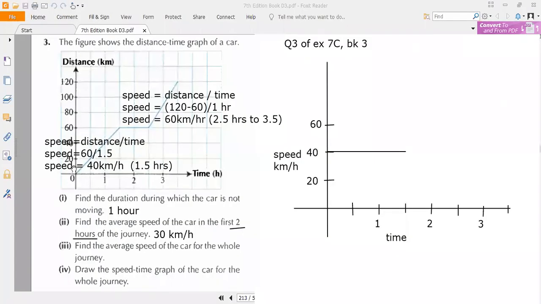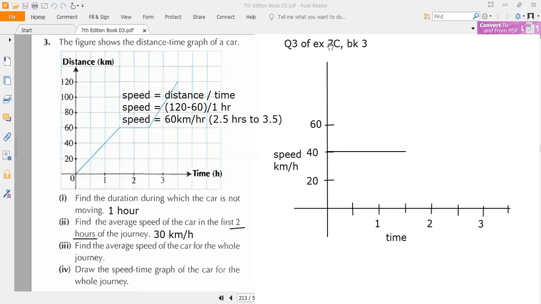So now I have made 40 kilometer per hour for 1.5 hours. After that, this part. In this part, there was no speed shown, which means the body was stationary from 1.5 hours to 2.5 hours. From 1.5 to 2.5, the body was not moving at all.